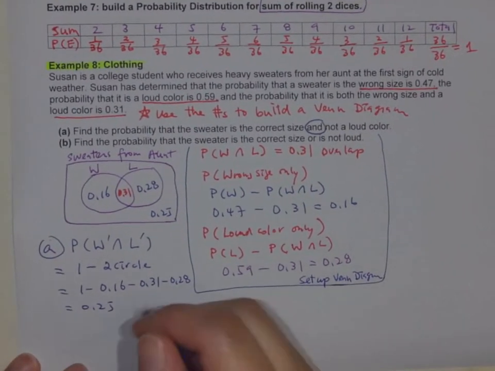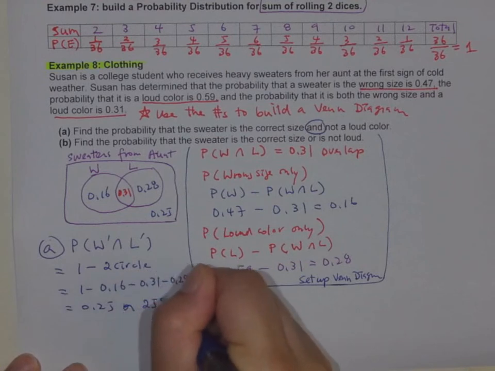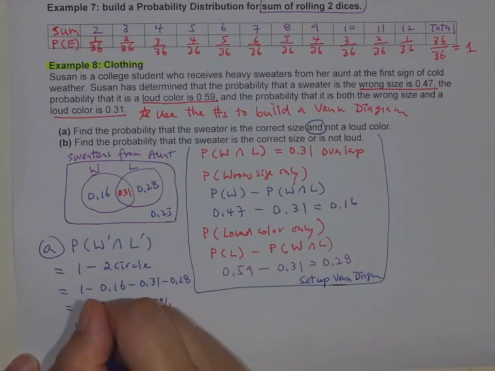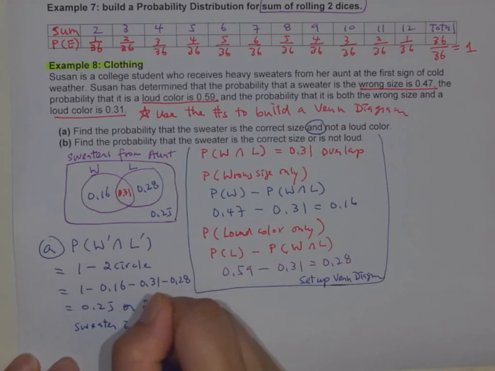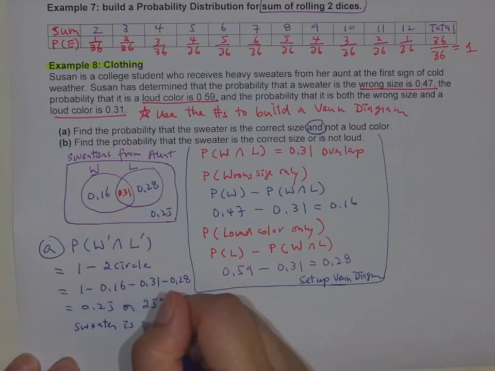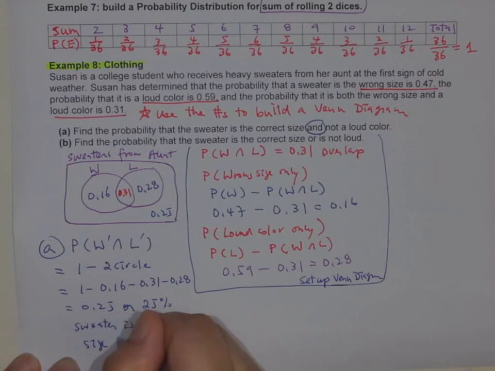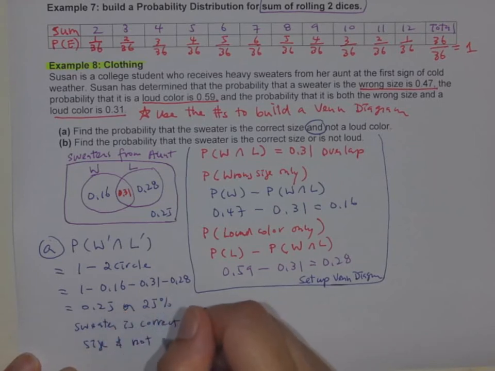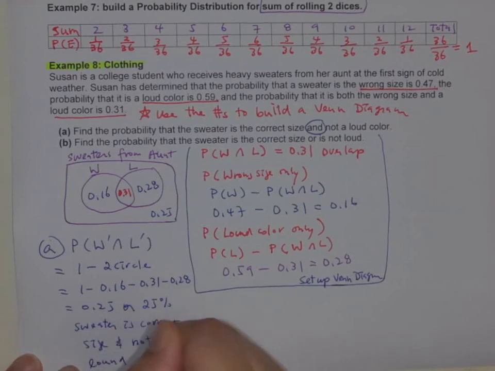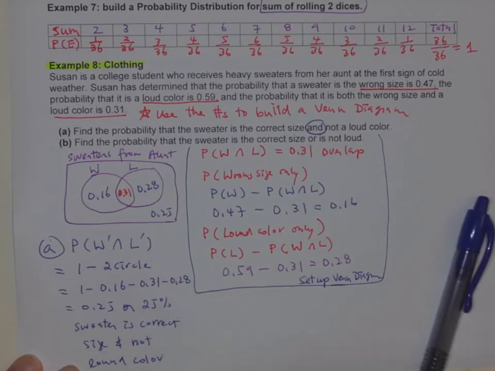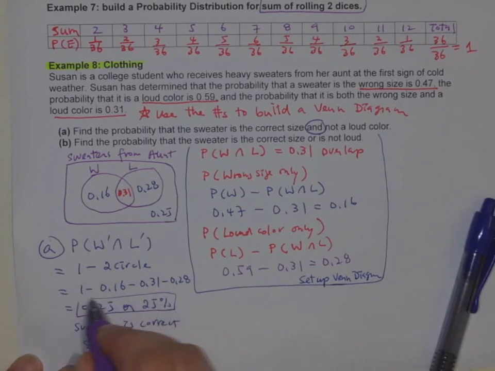And 0.25 or 25% of the time, the sweater is correct in size and not loud color. Are we okay? So this is A.